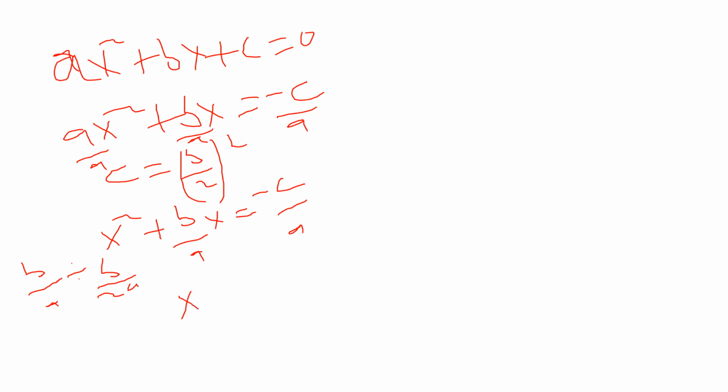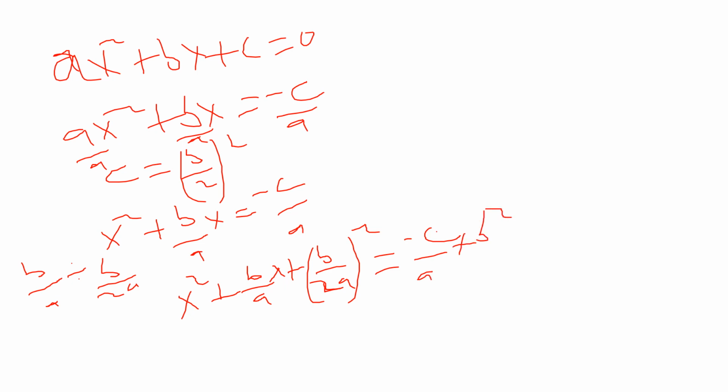So this becomes x squared plus b all over a x plus b all over 2a, this one squared, and what we have done on this side we do on the other side, is equal to negative c divided by a, and then we add b squared all over 4a squared.